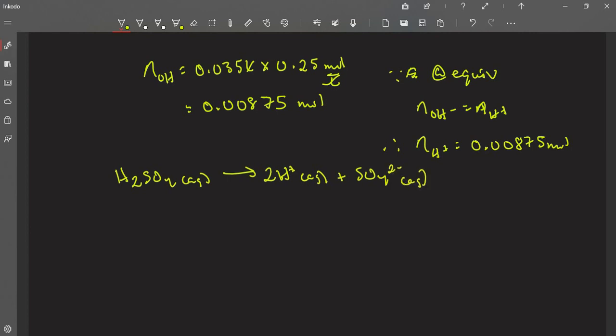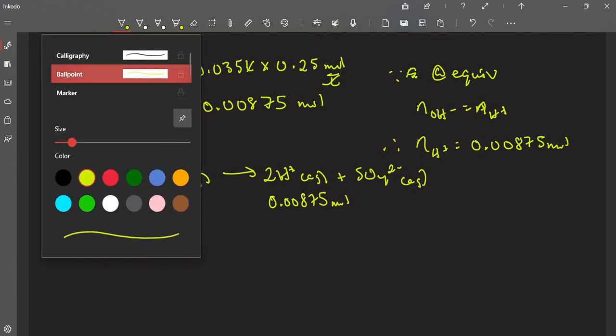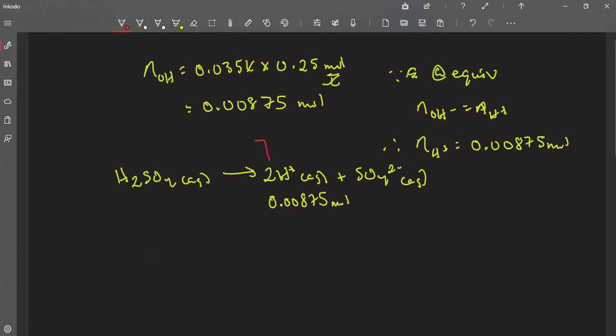So since we now have the moles of hydrogen ions, using stoichiometry and mole ratios, we can figure out how to go from here to there in a 2-to-1 ratio. To do that, all we need to do is divide by 2.